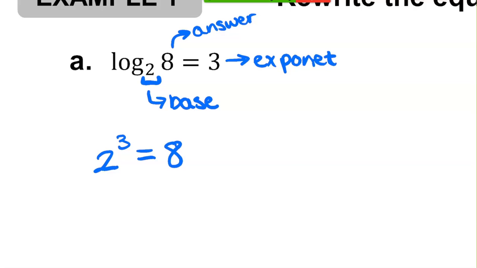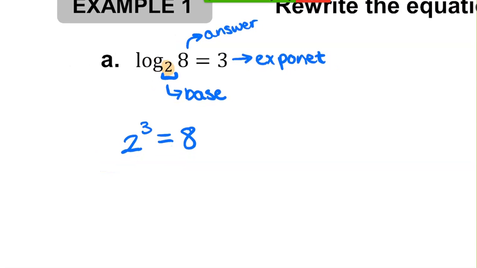If for some reason you had incorrectly put 2 to the 8 equals 3, hopefully we would say, ooh, that can't be right because 2 to the 8th is definitely not 3. So that's one way to check yourself. The important thing is you remember that the base of your logarithm is the base of your exponent. You have a whole handful of these problems on your Go Formative, and you're going to enter the whole expression if it asks you to rewrite the logarithm in exponential form. Any questions about that one?